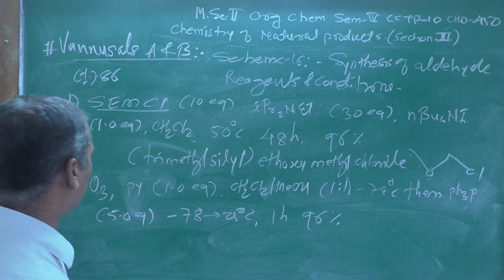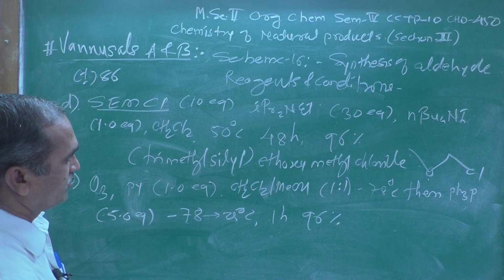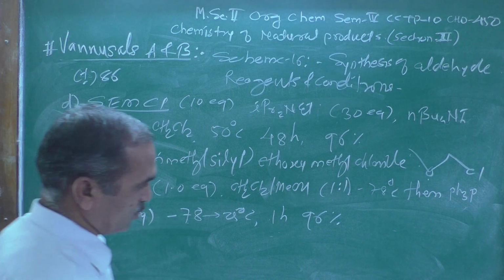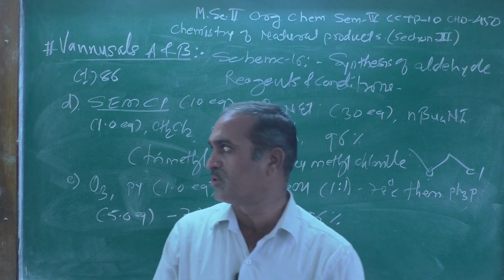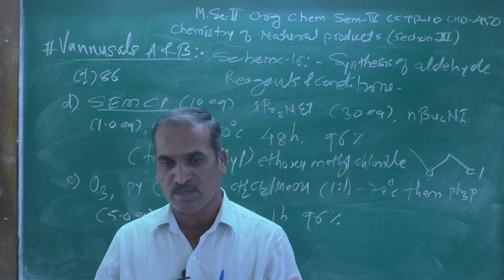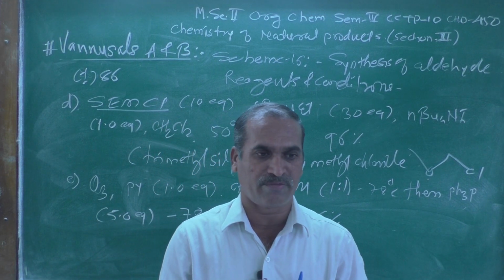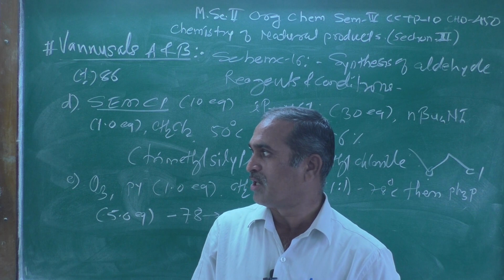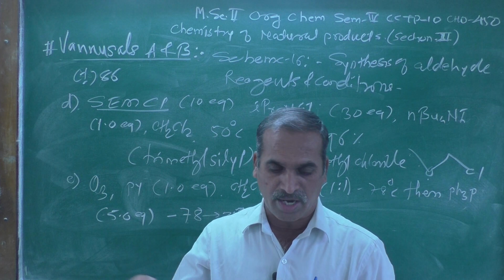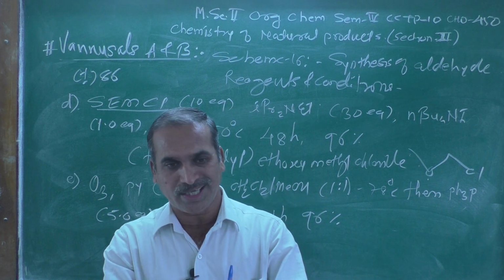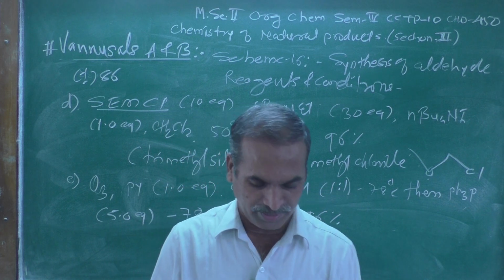Here, if you remember, O3, pyridine, CH2Cl2 and methanol 1:1 was the proportion of the solvent used. As we know, ozonolysis is a process of breaking down the carbon-carbon double bond into small fragments of organic molecules, carbonyl compounds containing an aldehyde or a ketone, depending upon the nature of the olefin.